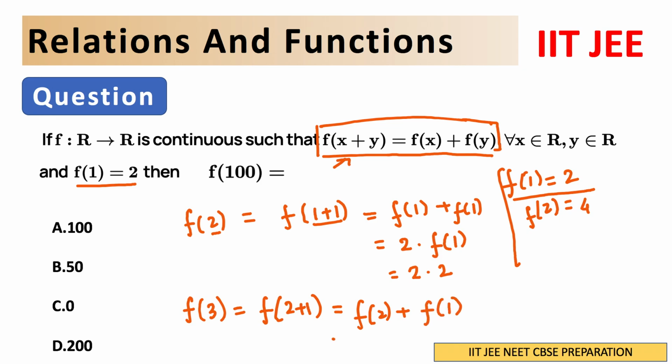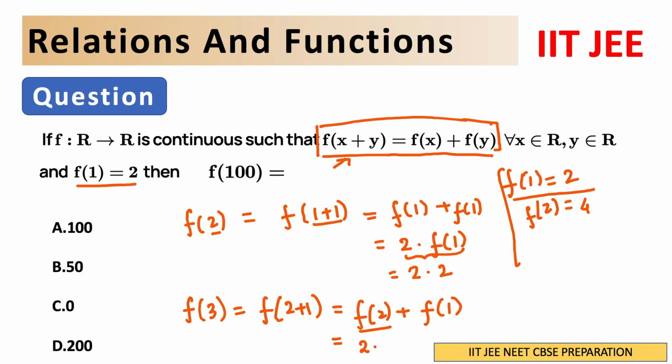What is f(2)? f(2) we just calculated is 2 times f(1). I can also write it like that. Instead of putting 4 here, I can write 4 plus 2 is equal to 6, or the other way, so that it makes our work easier: f(2) is nothing but 2 times f(1).